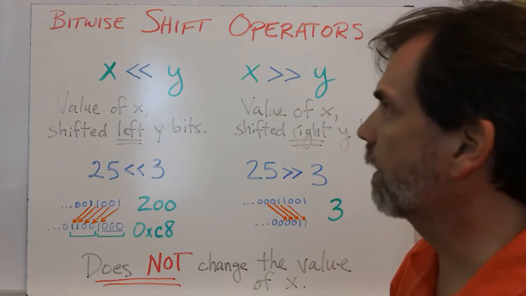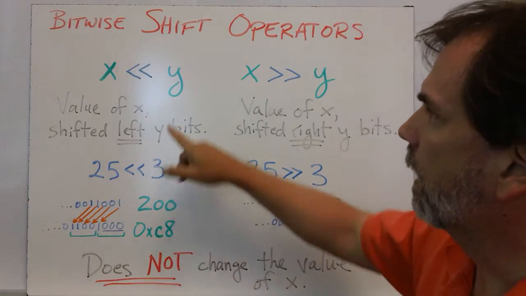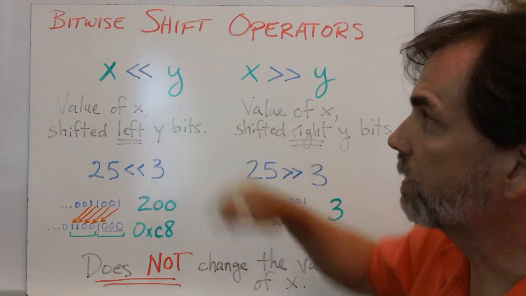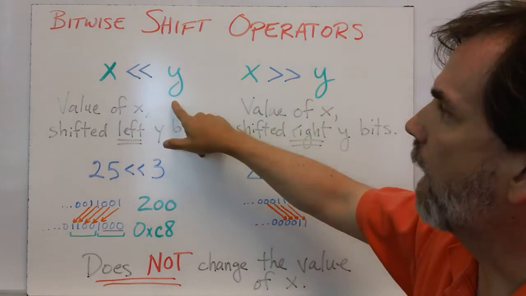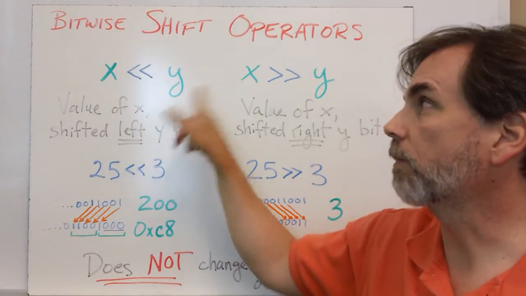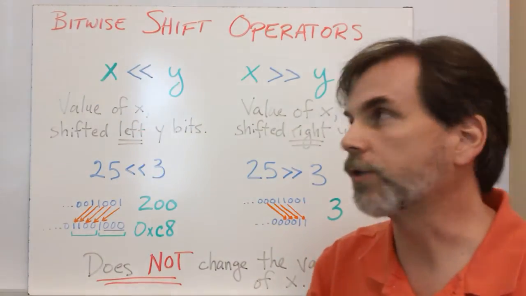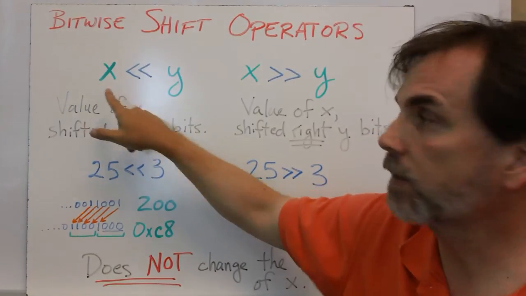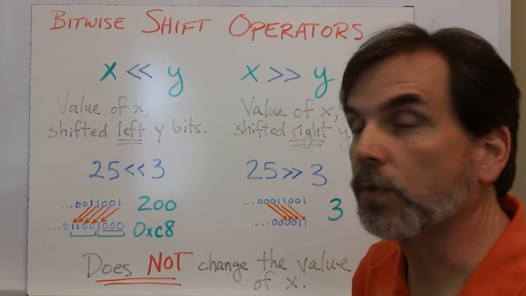Another couple of interesting things about the shift. If y is negative, then this expression is undefined. If y is larger, especially in the left shift case, or either case, if y is larger than the number of bits to represent whatever type this is on the left, then this is undefined as well.